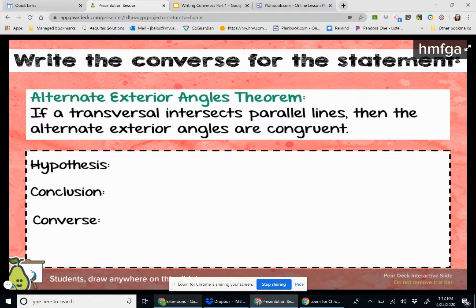The converse of the alternate exterior angles theorem says, if the alternate exterior angles are congruent, then the lines are parallel.